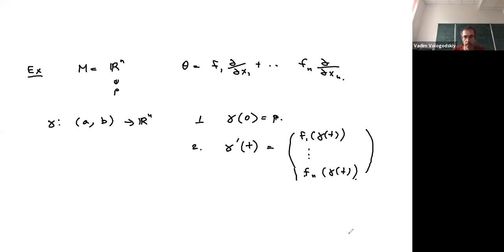So here is how I'm going to apply it. So theorem, which is, in fact, as we're going to see, just a reformulation of the classical main theorem in ordinary differential equations.